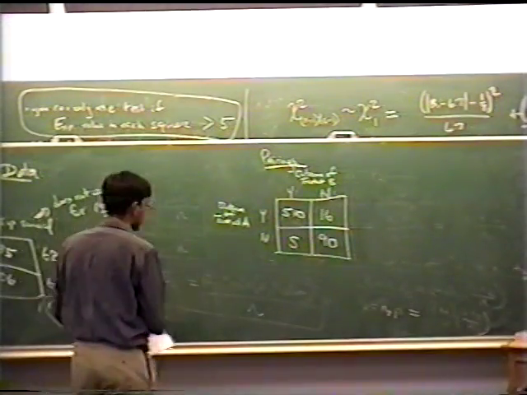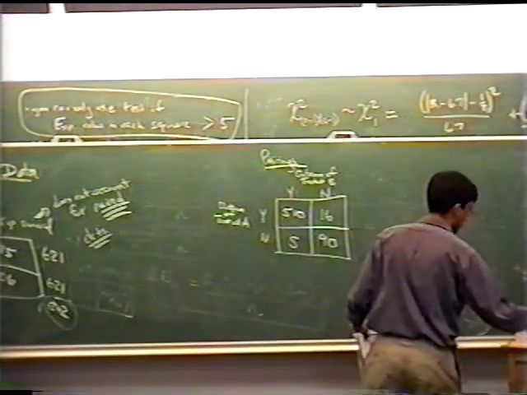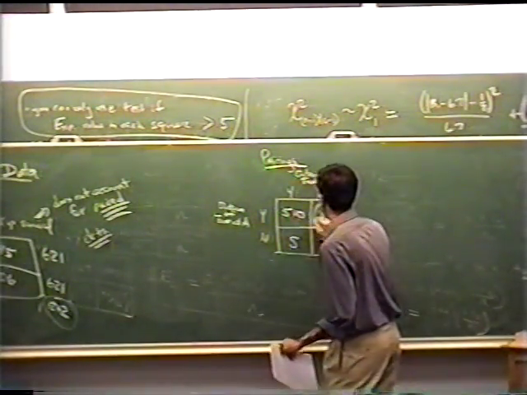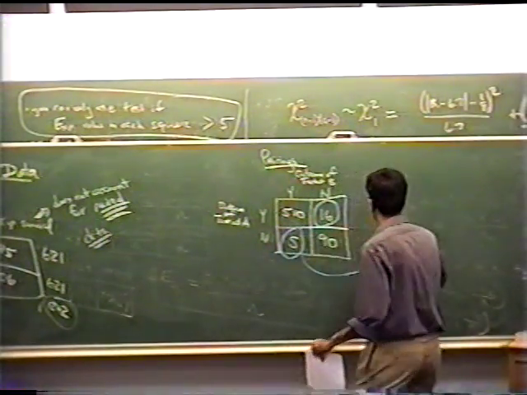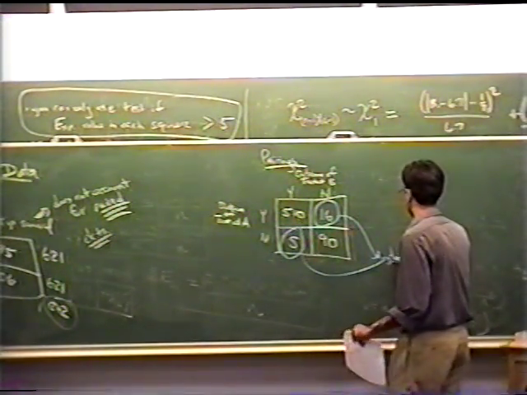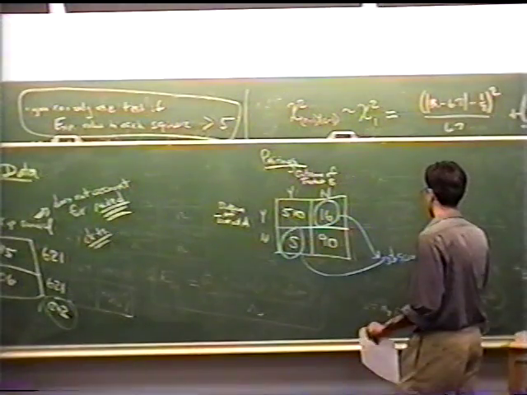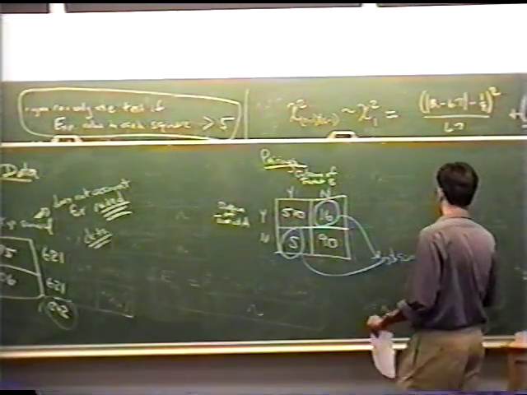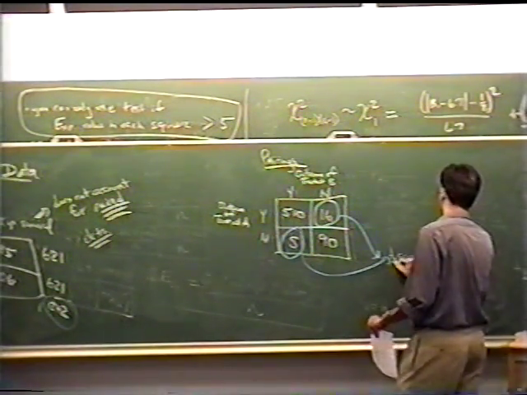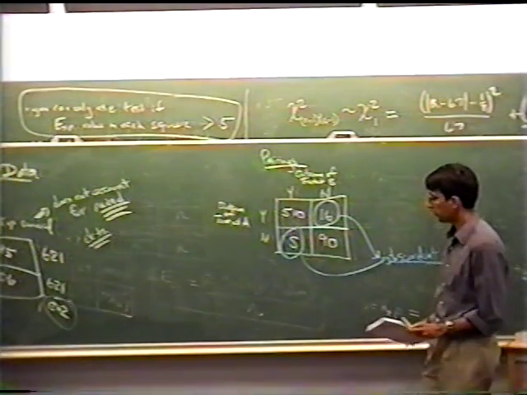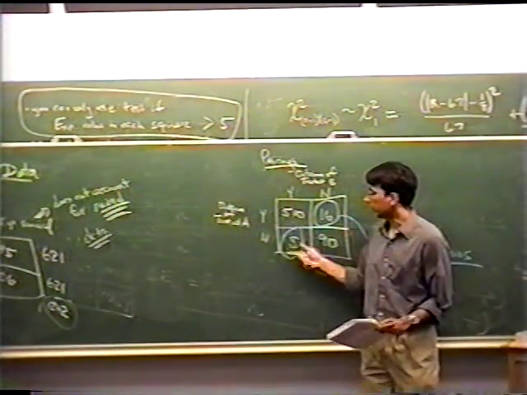So I'm going to introduce new nomenclature here. These two are called discordant pairs, because the outcome of each treatment was different.